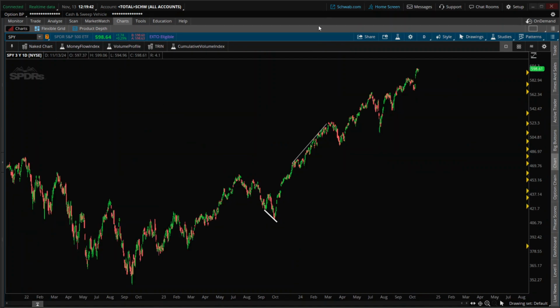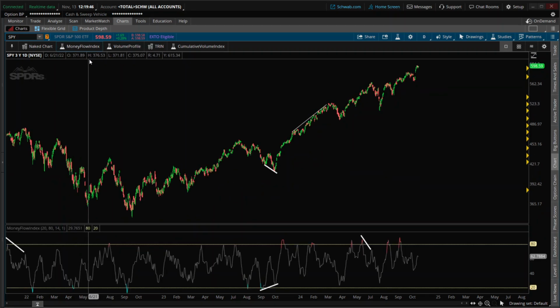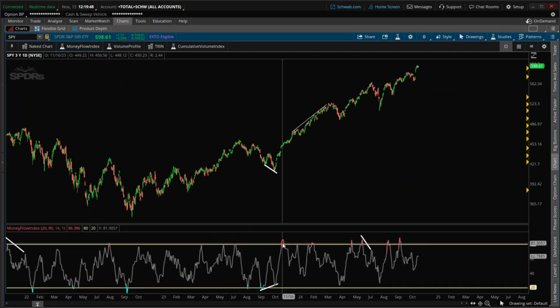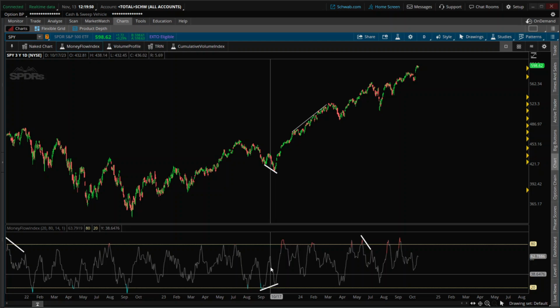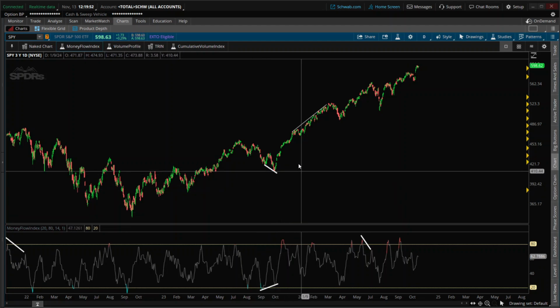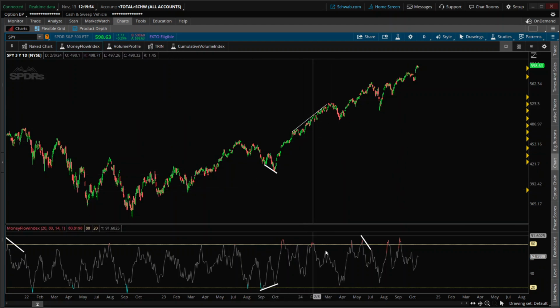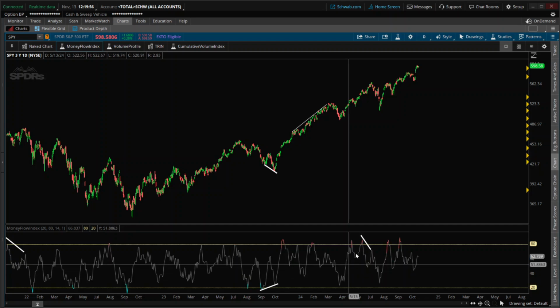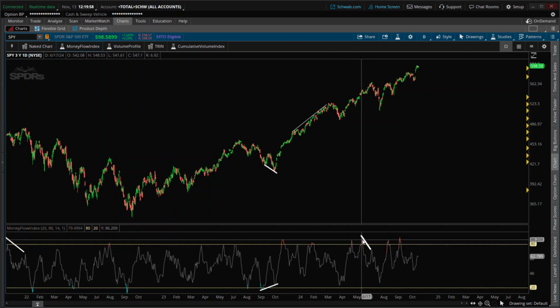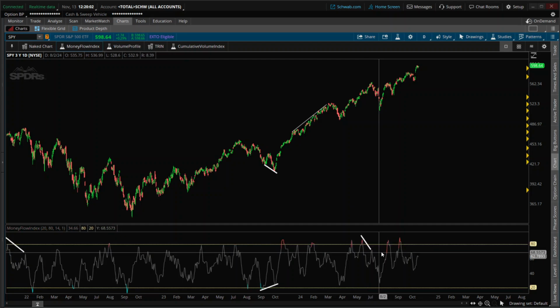Okay, and last one here, we're going to take a look at the money flow index. Pretty good at showing divergences. You have a positive one here. You had the negative divergence going up here, which brought us a correction. Same thing with this one here. These two peaks brought us a correction.